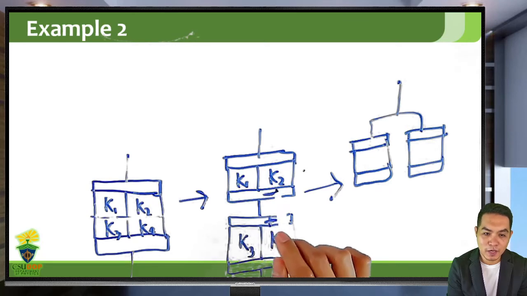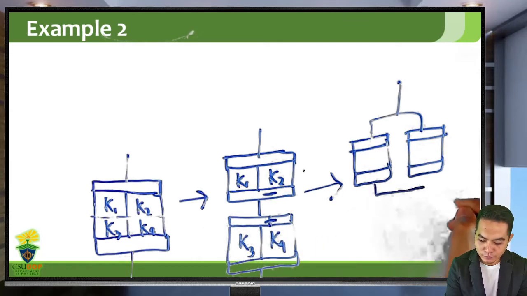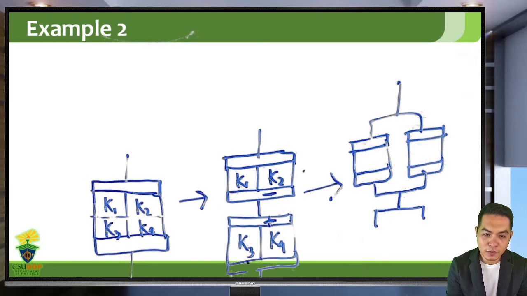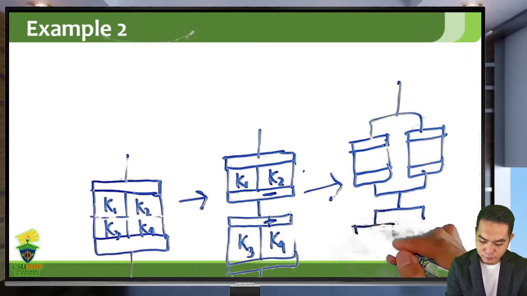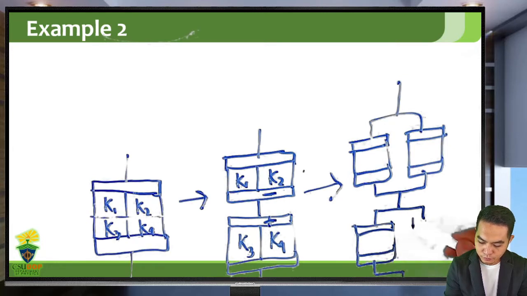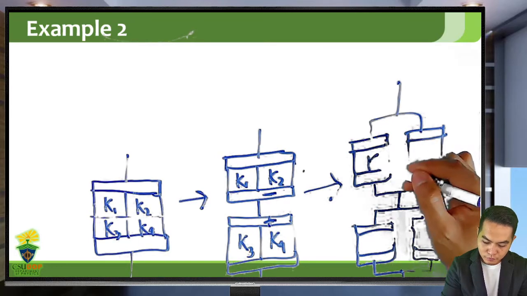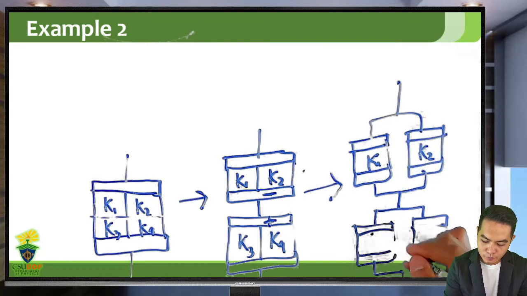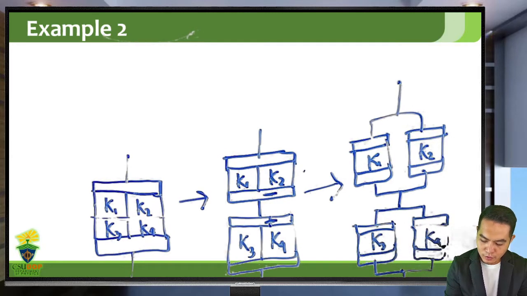The lower plates of K1 and K2 are also connected. It's a parallel connection. So similarly for the capacitors below, it's also like that. It's K1, K2, K3, K4.